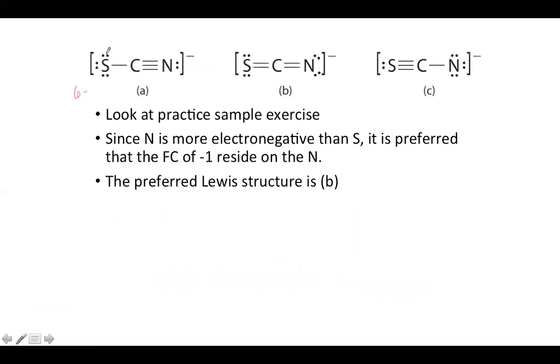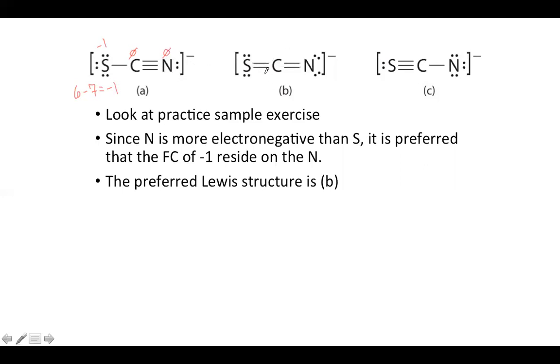And here in this picture, there's 2, 4, 6, 7 electrons assigned to it. So that gives a -1 formal charge for sulfur. Carbon has 4 valence electrons, and there's 1, 2, 3, 4 electrons assigned to it, so its formal charge is 0 in this case. And then nitrogen has 5 valence electrons, and right now there's 1, 2, 3, 4, 5 electrons assigned to it, so it's also 0.